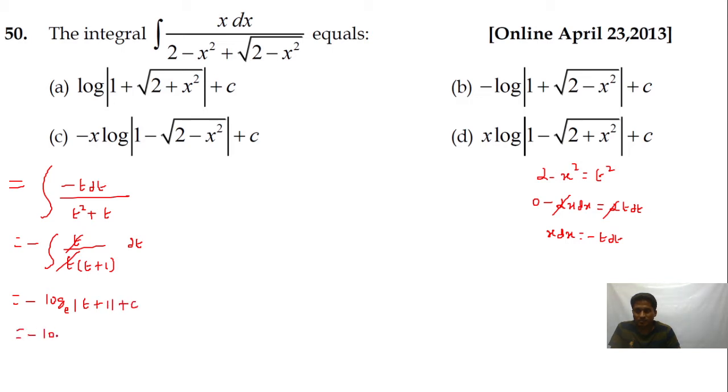This is minus log of, substitute the value of t. T is equal to root of 2 minus x square, plus 1, and plus c. That's the answer, guys. Minus log of root 2 minus x square plus 1 plus c. Answer is option D only.